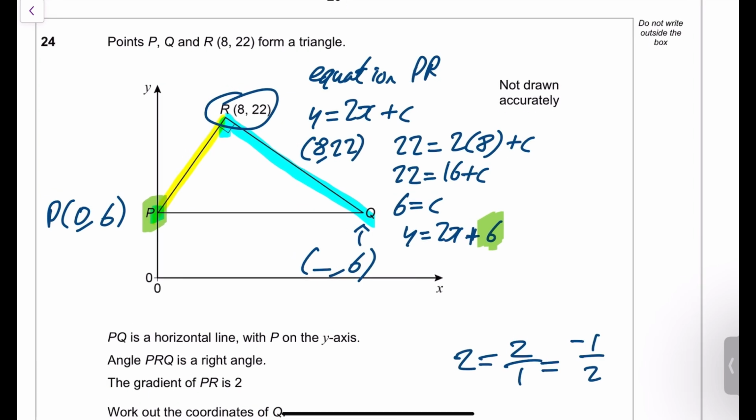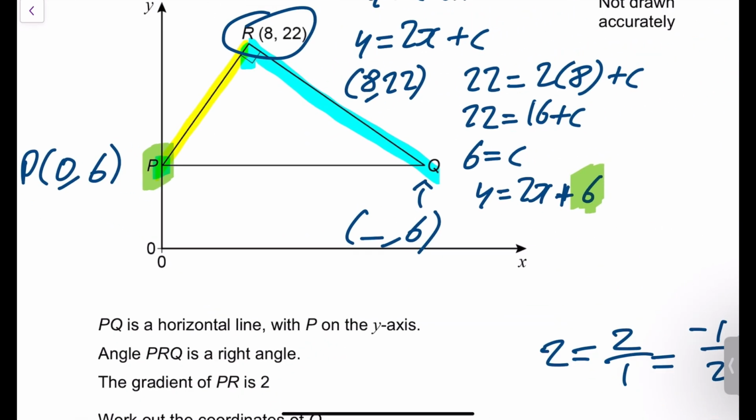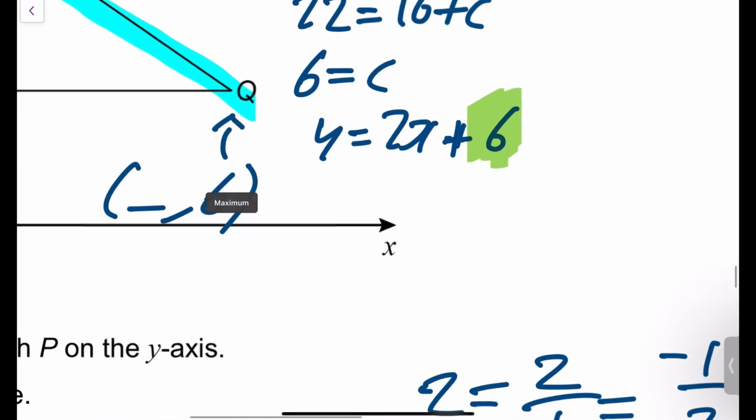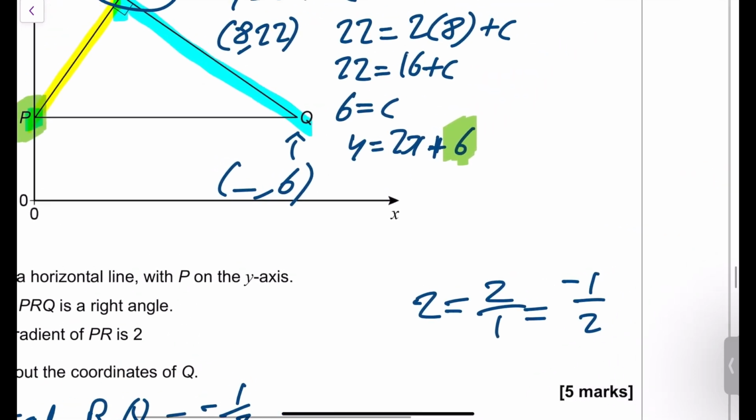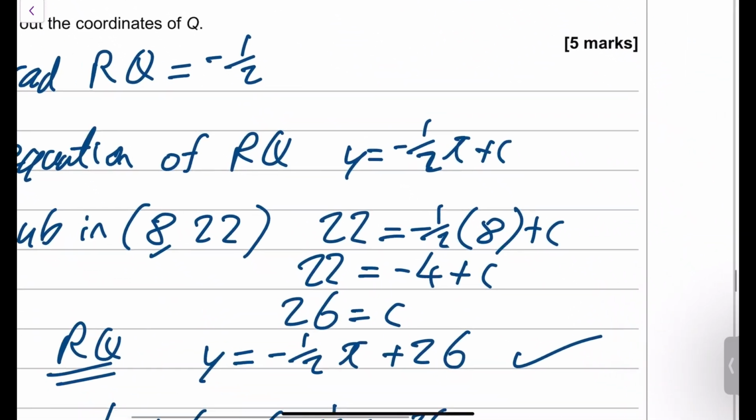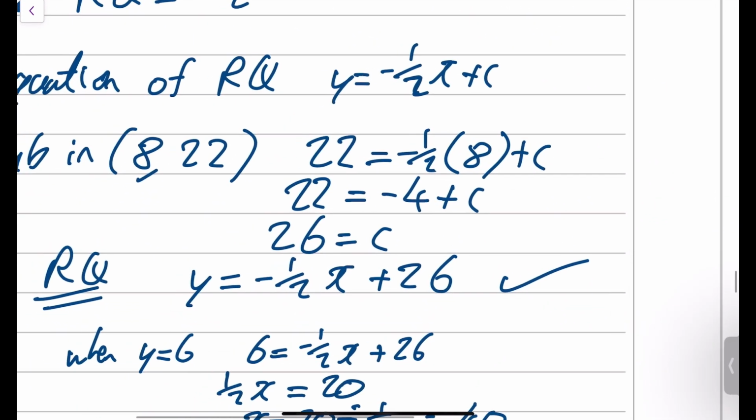Here we've got y equals 2x plus c, 22 equals 2 times 8, 22 equals 16 plus c, c equals 6, so that looks right. And that's also going to be something 6. Negative reciprocal from my gradient. Yep, y is equal to minus a half x plus c.